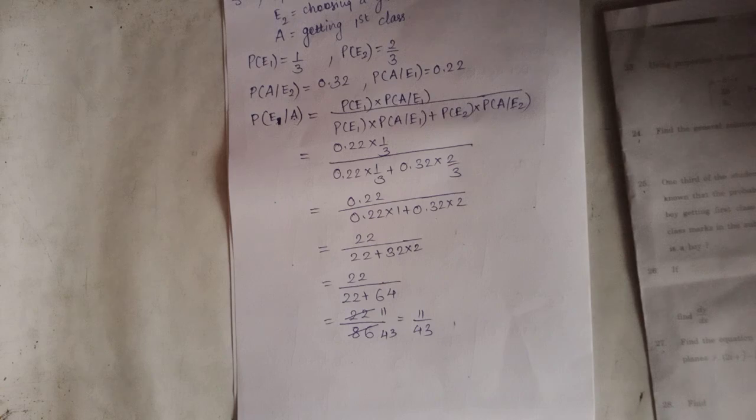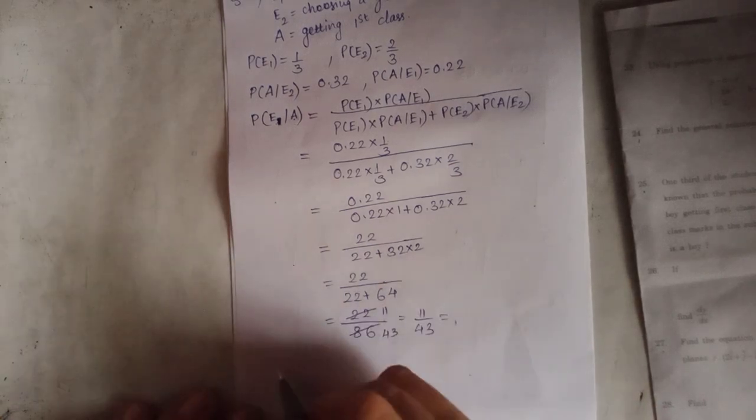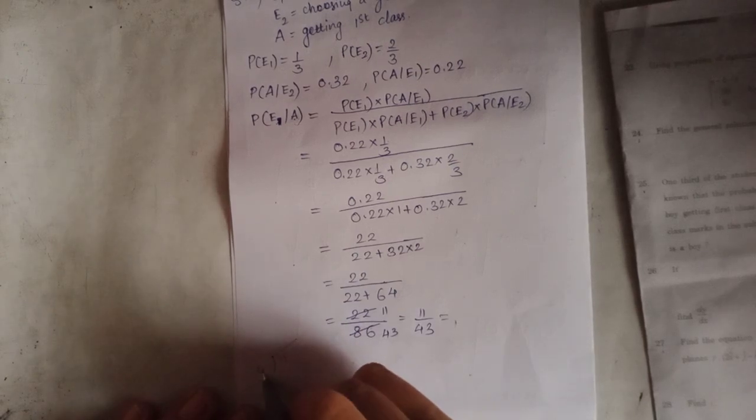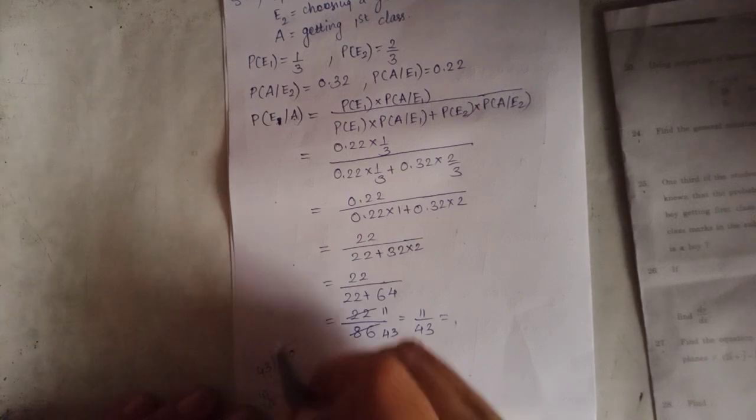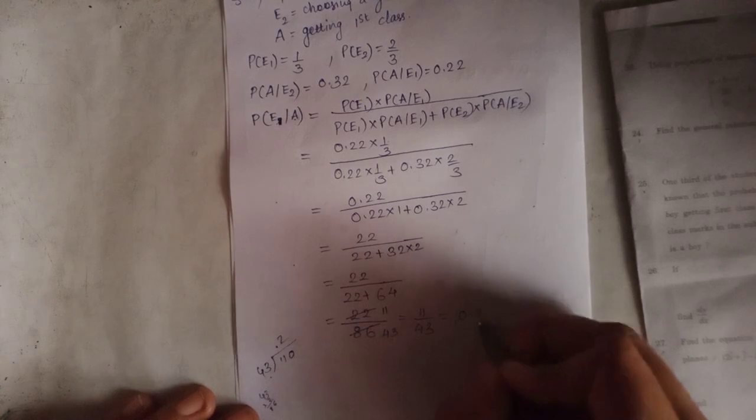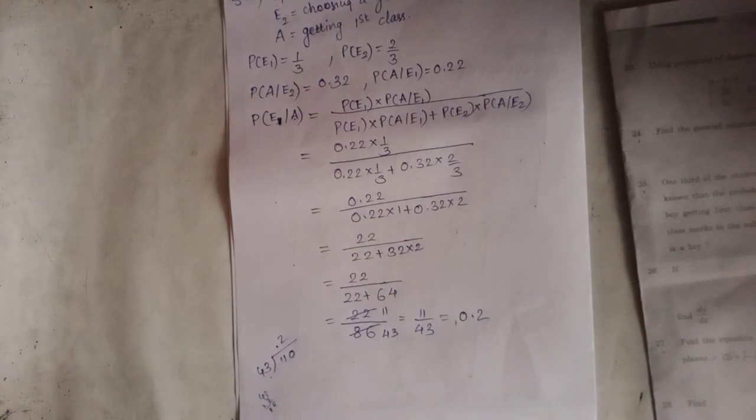You can write this down in decimal also. So dividing 11 by 43, it will be 0.2 something. Okay, next question.